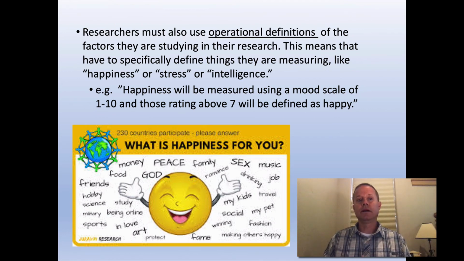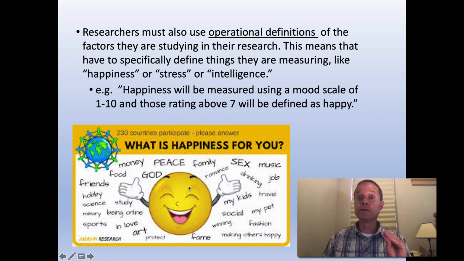Okay, last thing here. Researchers also have to use operational definitions of the factors they're studying in their research. This means they have to specifically define things they're measuring, like happiness or stress or intelligence. So, for instance, happiness is something you might want to measure, but that means a lot of different things to a lot of different people, like in this picture here.